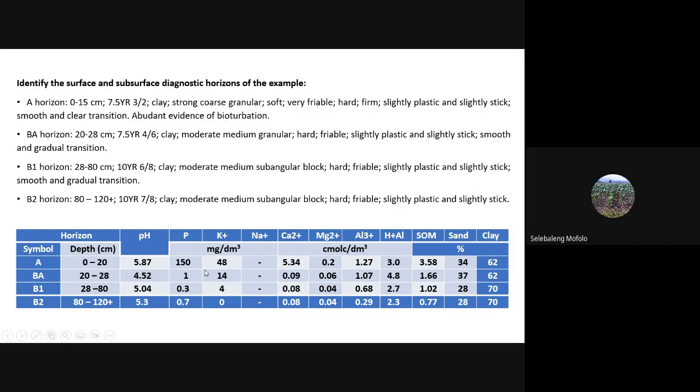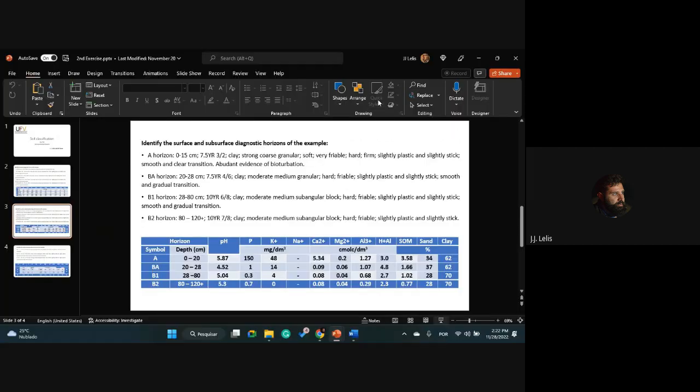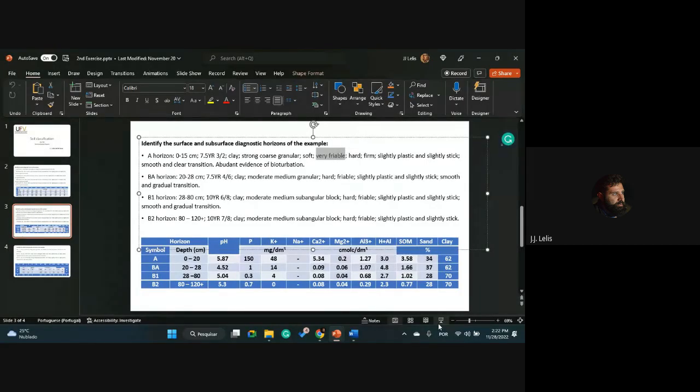So it means for this one, we will remove the very friable part and remain with the hard and firm since it's a clay. Maybe I should choose one of these. It couldn't possess all this information.